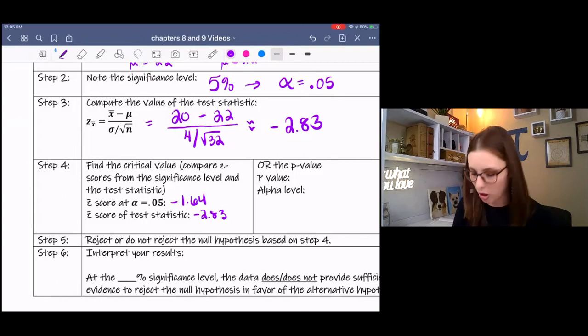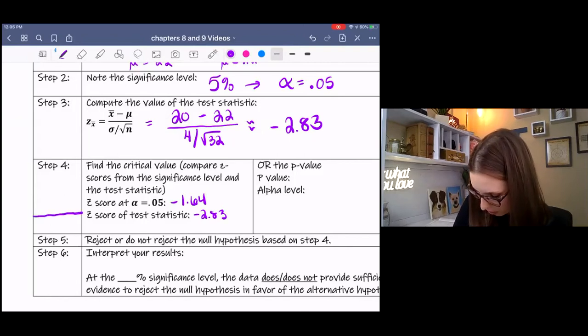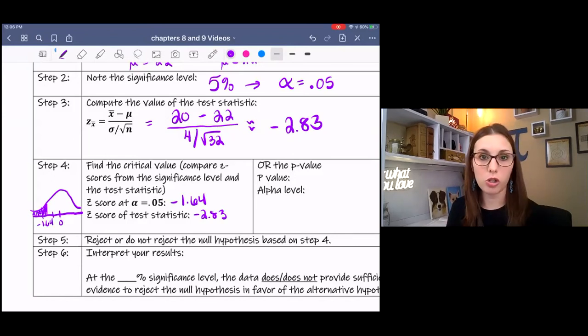So if I were to draw a picture of this, which I don't have a lot of room for, I can do it over here. Then here's 0, 1, 2. Negative 1.64 is about here, and that's the z-score associated with my alpha, my area.